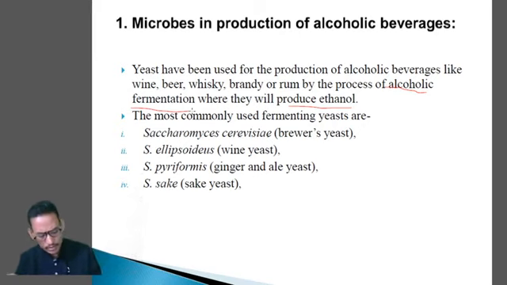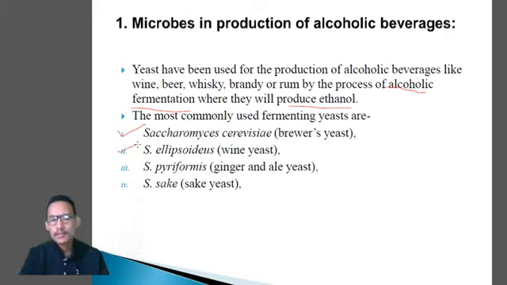Clear? The most commonly used fermenting yeasts are, so what are those yeasts? Kindly remember the names of the yeast. First one is Saccharomyces cerevisiae, also known as brewer's yeast. Saccharomyces ellipsoideus, known as wine yeast.